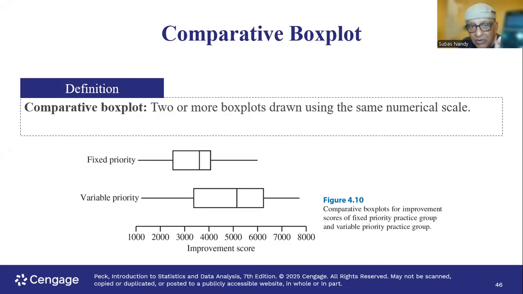Left boundary is Q1, right boundary is Q3, vertical line inside the box is Q2. Left whisker extends to the lowest point, right whisker extends to the maximum point. From this comparative box plot, you can look at the relative positions of the quartiles between the two sets of data.